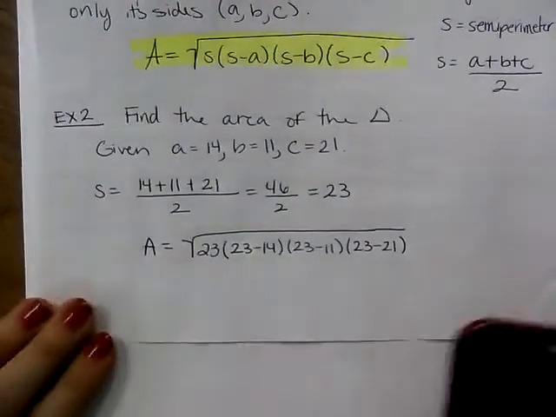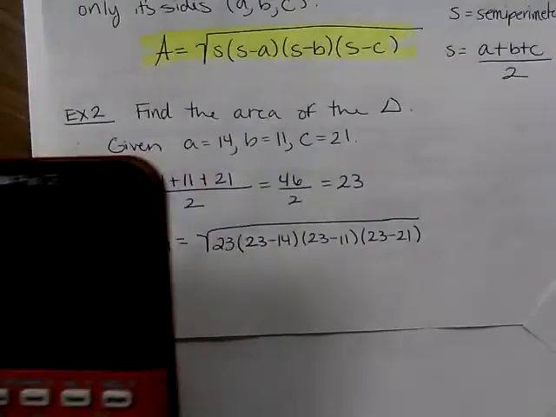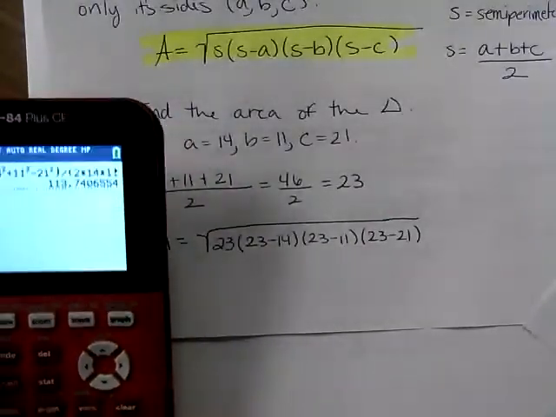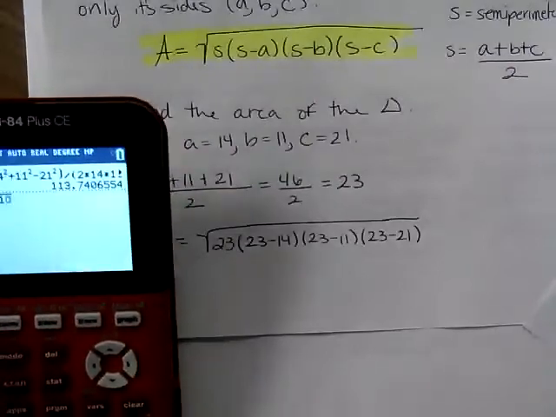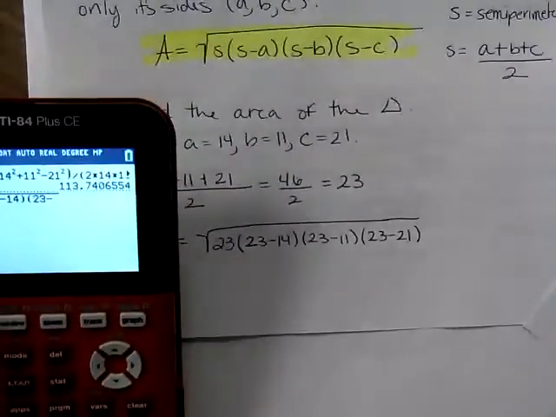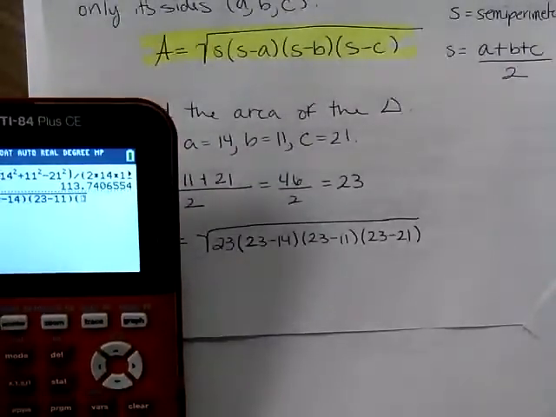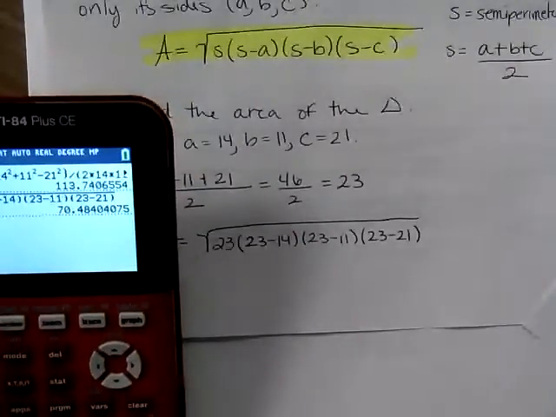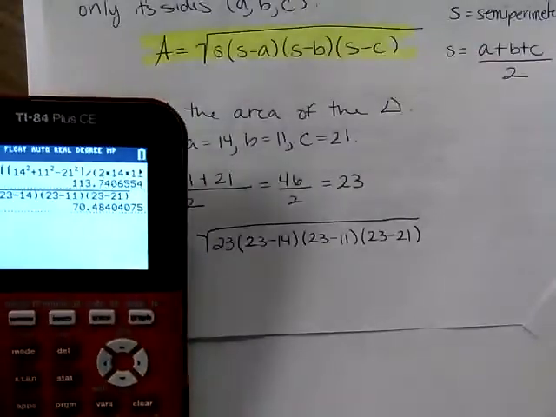It's your choice. I would just plug it in as is so you didn't make any mistakes with your subtraction. So you're going to do the square root, and then you're going to just type it in how you wrote it. Make sure that it's all under the root. You should get 70.484.